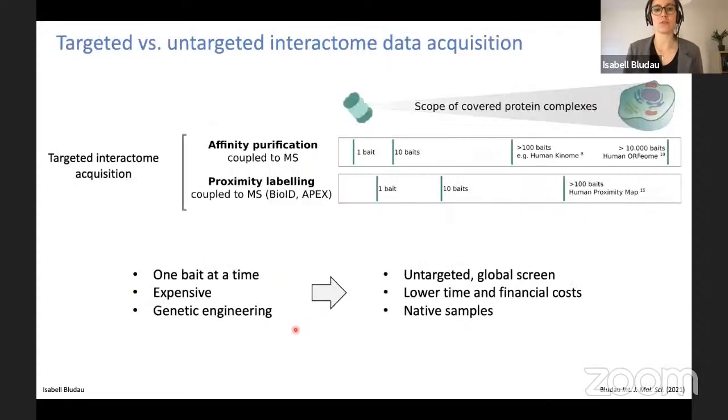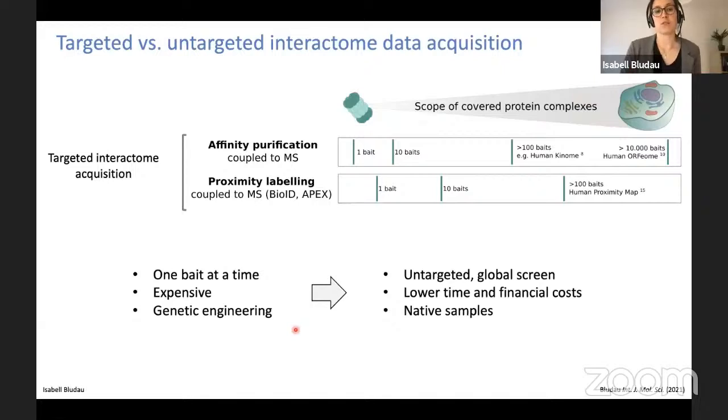So what I wanted to show you with this first slide is that affinity purification APMS actually requires a lot of individual experiments to get a whole interactome. So you can look at APMS as a targeted interactome acquisition strategy.